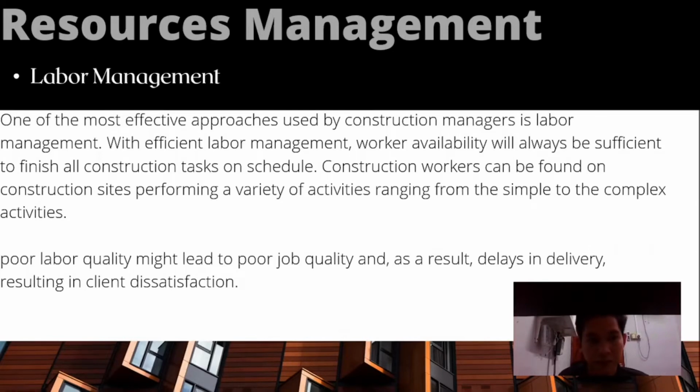Labor management is one of the most effective approaches used by construction managers. With efficient labor management, workers' availability will always be sufficient to finish all construction activities on schedule.